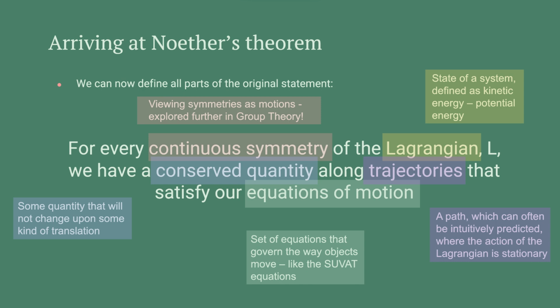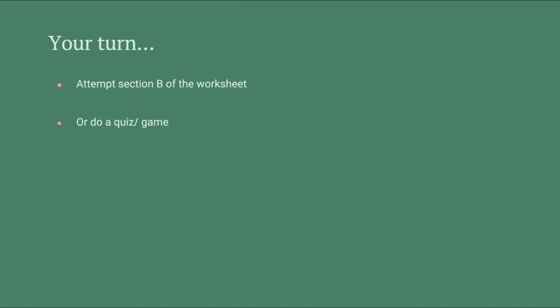We've got a conserved quantity, which will not change upon some kind of translation. We've got a trajectory, which is a path that can be intuitively predicted, and equations of motion, which are those equations which describe the movement of objects. And finally, the Lagrangian, which is the state of the system in terms of kinetic and potential energy.